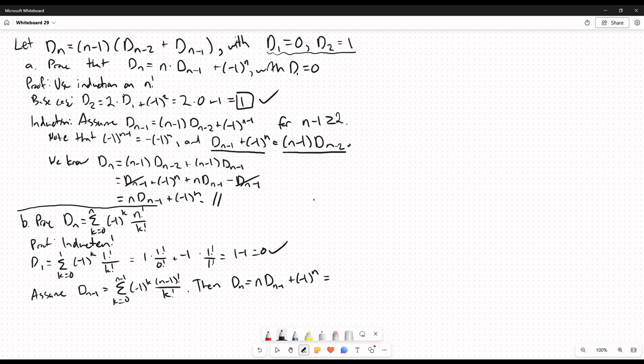And I'm going to do some funny things here. First, this isn't terribly creative. I'm going to replace d_{n-1} with my sum that I have here, (n minus 1) factorial over k factorial. And then I'm going to write this last term a little silly. I'm going to write this as (-1)^n, and just for fun, I'll write it as that times n factorial over n factorial.